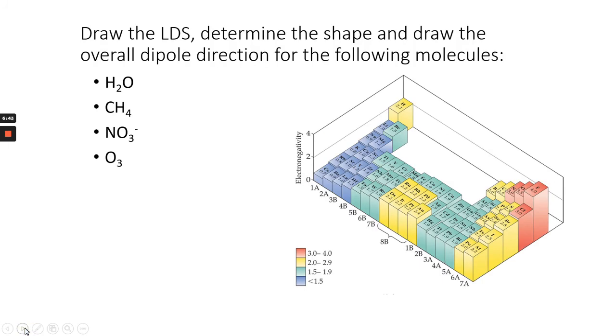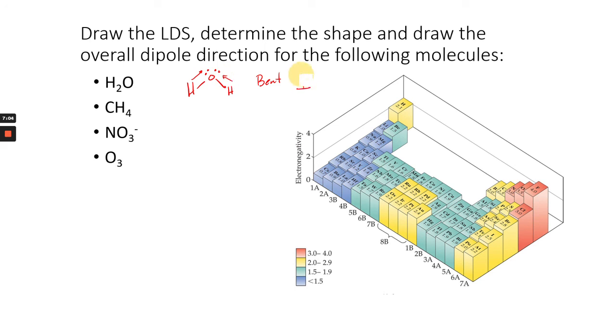So let's practice a little bit. Let's draw the Lewis structures, determine the shapes, and then draw the dipole moment. It is kind of important when you draw your Lewis structures to draw them in the right shape. So this is bent. Oxygen is more electronegative, so you draw your arrows pointing towards oxygen.